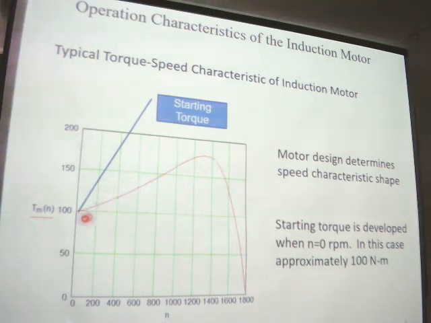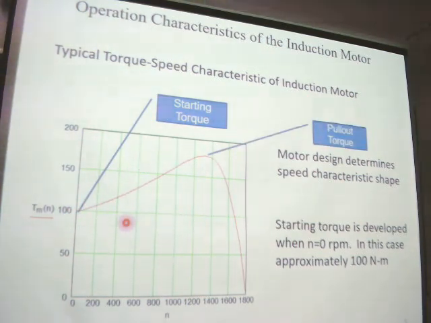First is the starting torque. Here, the starting torque is 100. Then the pull out torque, which is also the maximum torque.